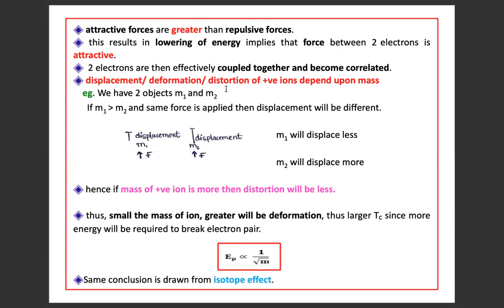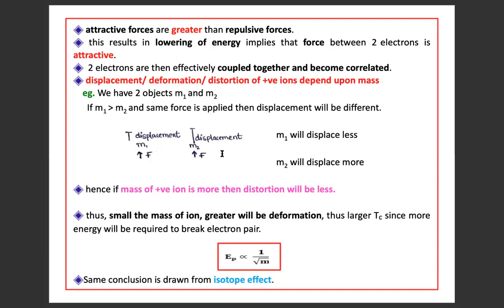The displacement or deformation or distortion of positive ions depends on mass. How does this depend on mass? Let us see. If we consider two objects, M1 and M2, with M1 greater than M2, and the same force is applied, then the displacement will be different. Suppose this is M1, this is M2.